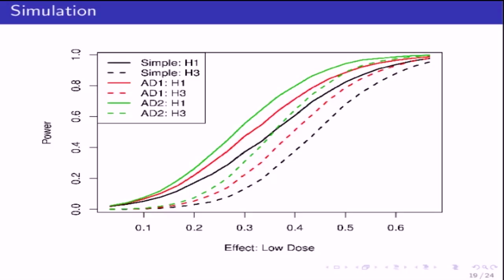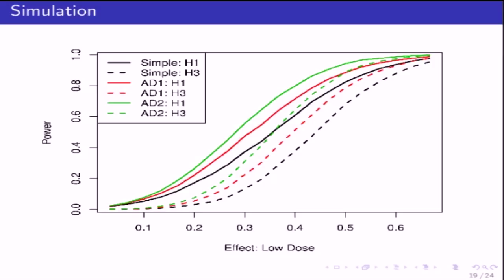And here you can see the simulation results. On the x-axis, you can see the true effect of the low dose. As said, here we just assumed that both the primary and the secondary endpoint have the same efficacy.